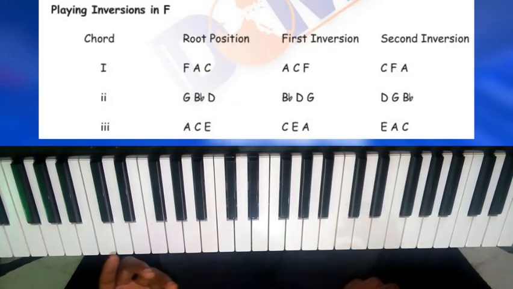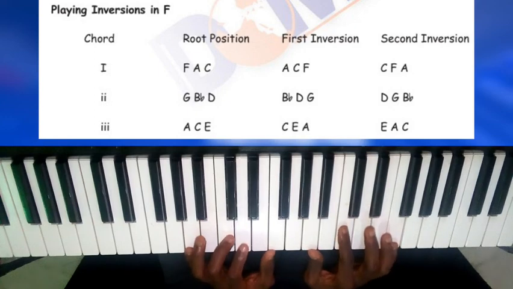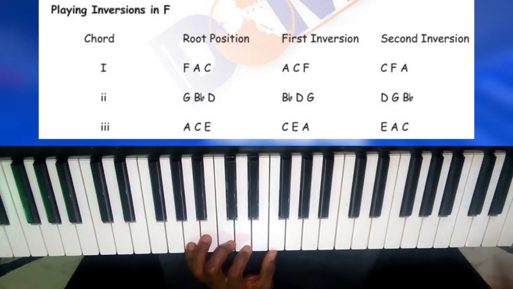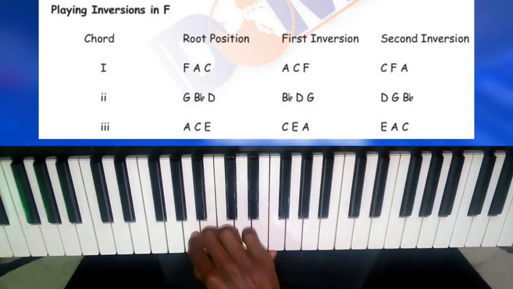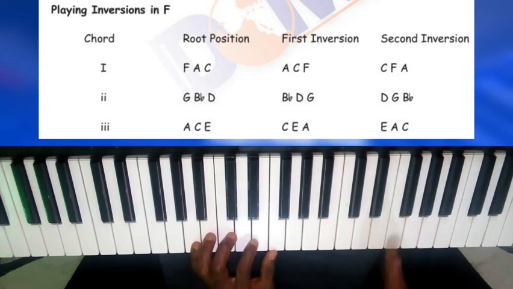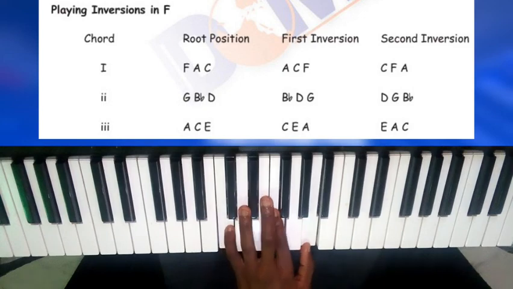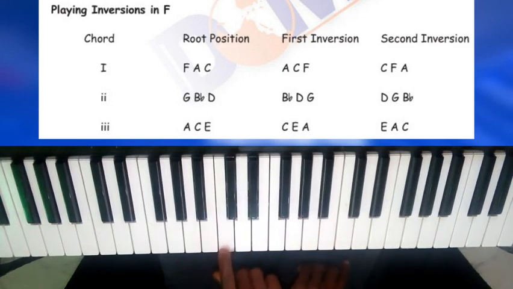Now for the second inversion, now you have your first inversion. The second inversion is you throw the third note above. You know the first inversion is the third note; the second inversion is the fifth note that will be the bass note. So when I throw the third, we have something like this. Can you see the bass note now, which is C, F and A, or you see your so, do, mi.